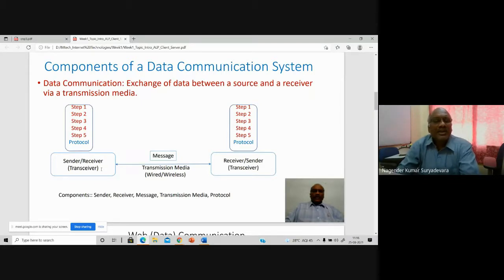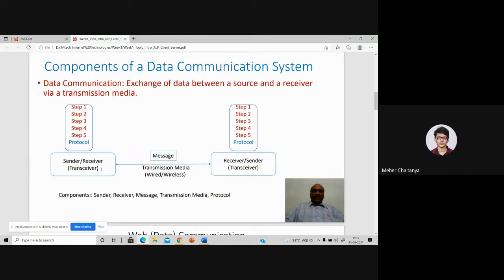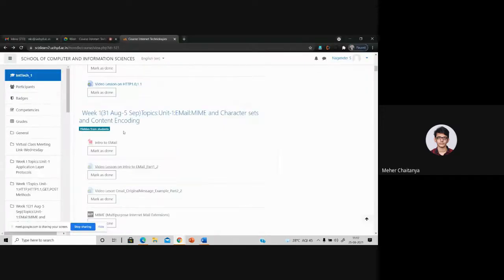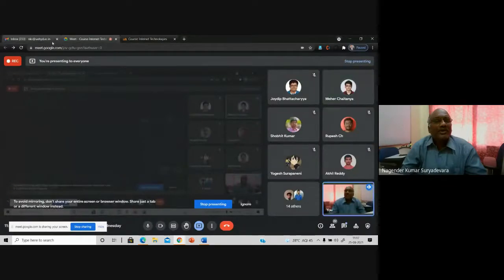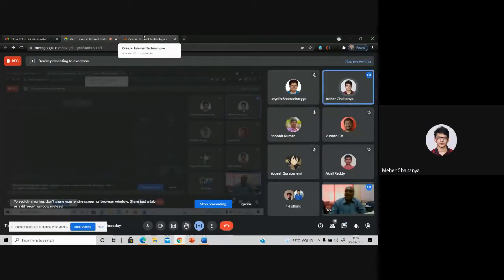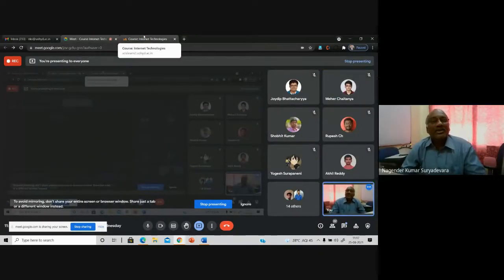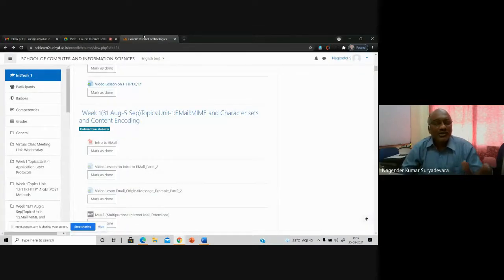Can anybody give me a small example of a transceiver, a device that helps us send as well as receive information? Yes, please. Home router. Okay, you went into the more technical side with the router. Very good. What about a simple device we use in our day-to-day life?